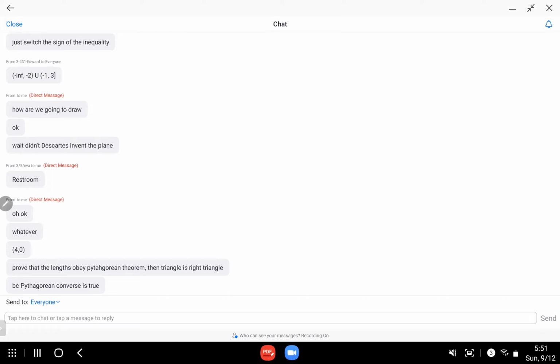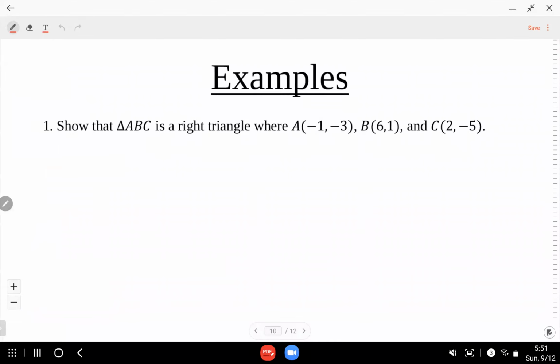All right, so basically, how we do this is we need to prove that AB plus BC equals BC, or the other way around.